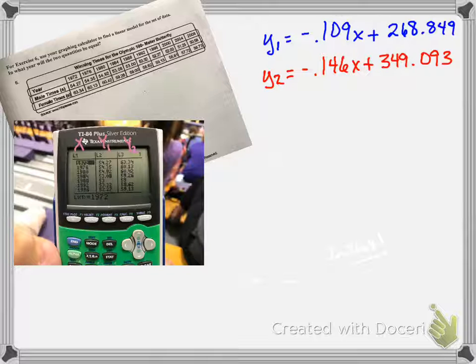Remember that we use the stat calc 4 to get our equations, and I use L2 to get my Y1 equation up there in blue. I use my female times, my L3, list 3, and remember we changed that.